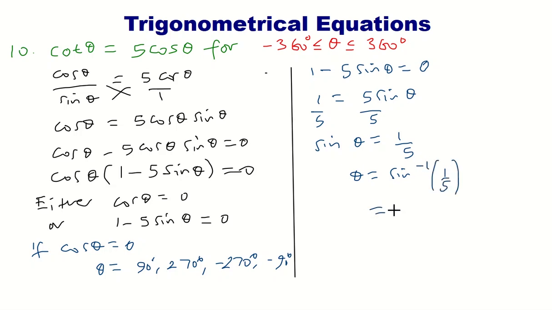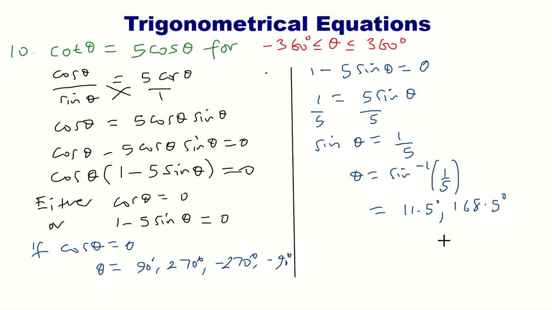What do we get? We get 11.5 approximately on your calculators. We said if sine is positive, then the other value is 180 minus the first value, and this gives us 168.5. If you use a calculator and subtract, we get this, or we can even use the quadrant as explained before.